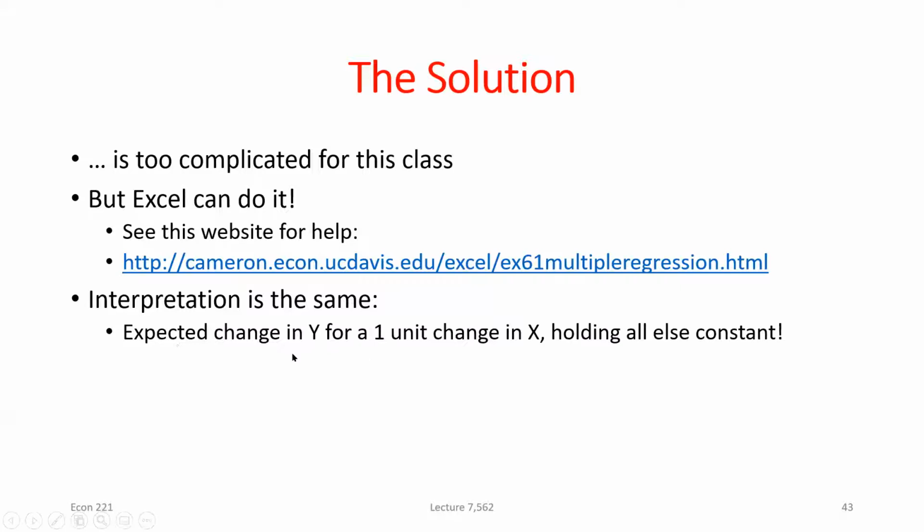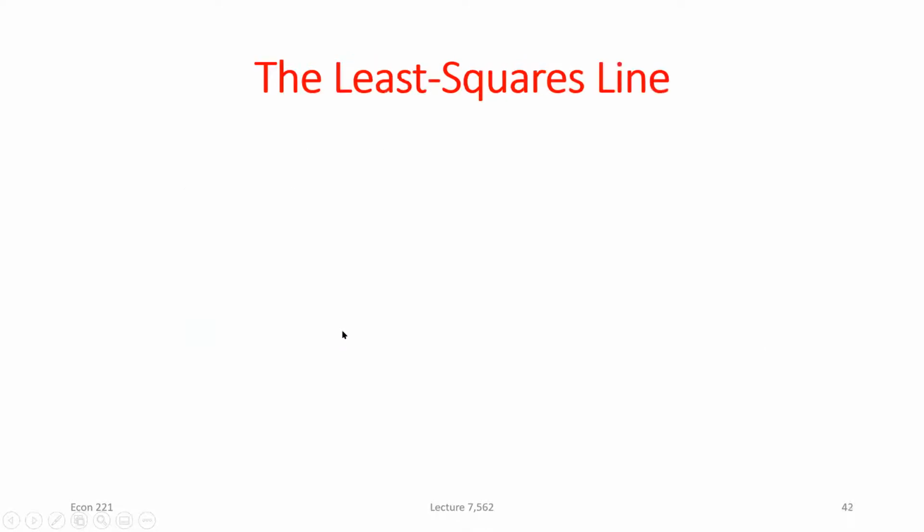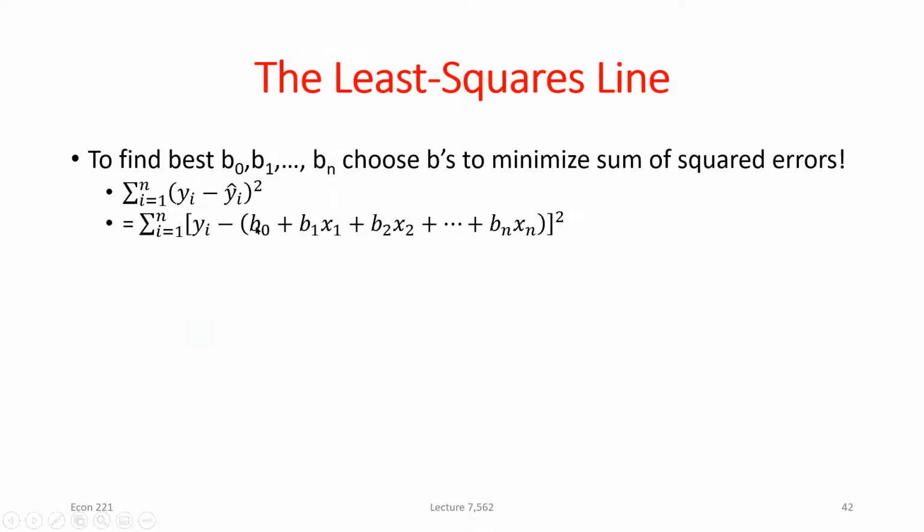So the interpretation is still, for any coefficient, the expected or predicted change in Y from a 1 unit increase in X. But now we add on, holding all else constant. So everything else in the regression, hold all that constant, and then the interpretation of the coefficient is the same. For the intercept, before, it was the predicted Y value if the X variable is equal to 0.